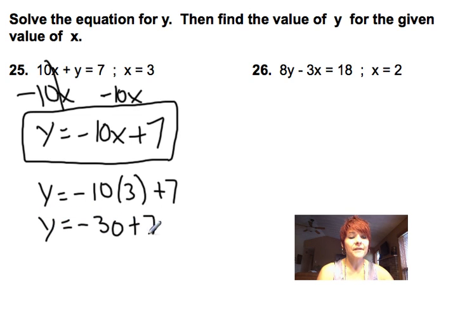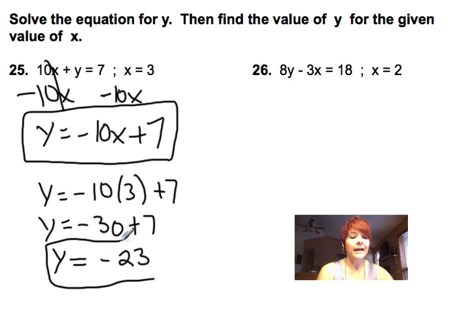Bring down the plus 7. That leaves us with negative 23. That is the second part of the answer. So you need both of those. You need this first part where we solve for y, and you need this second part where we plugged in the x and got the value for y. That's number 25.